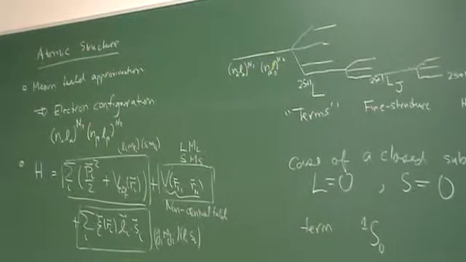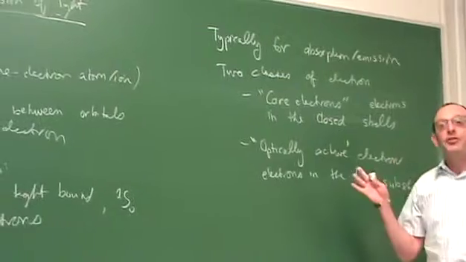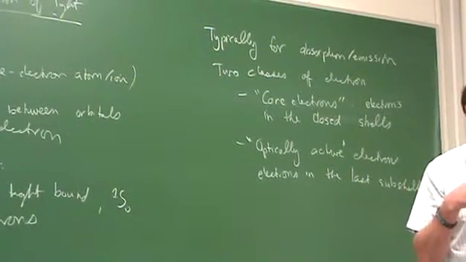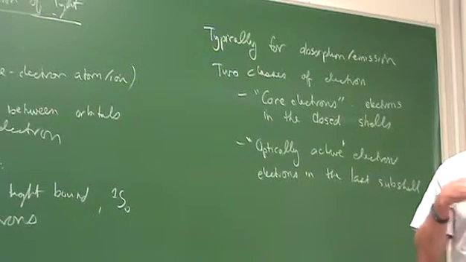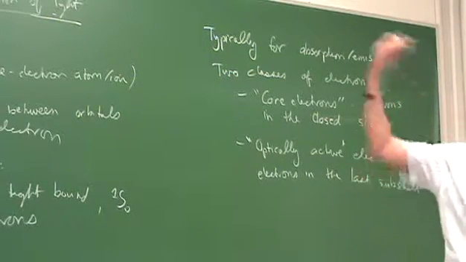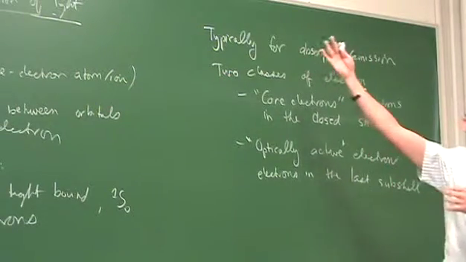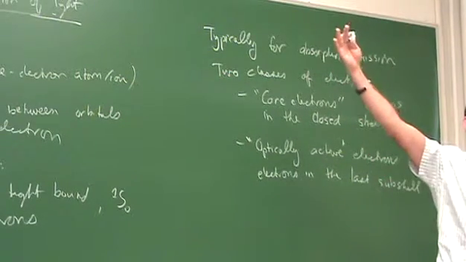Now, the situation is typically even a little more simple than this, which is that even if I have multiple electrons in the last subshell, typically the configurations that are excited and accessible are the ones where only one of those electrons is excited.